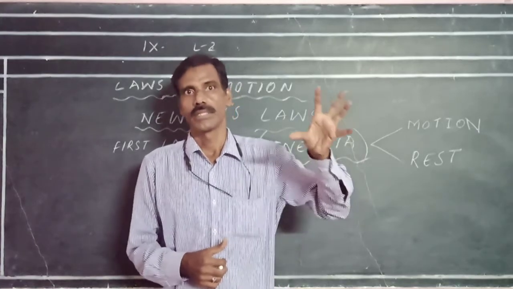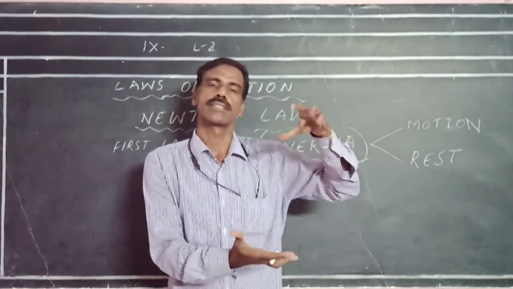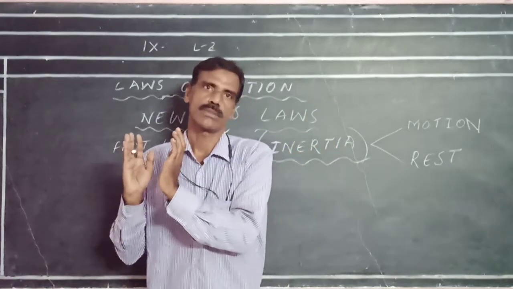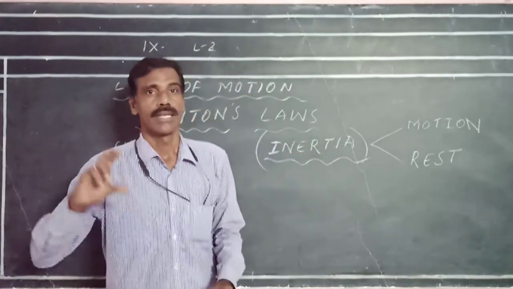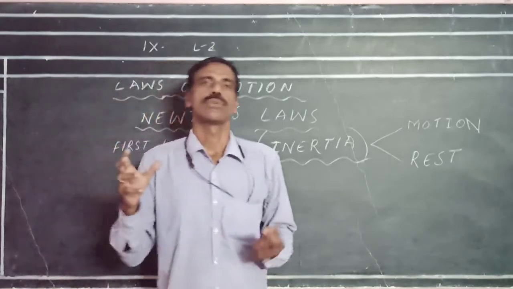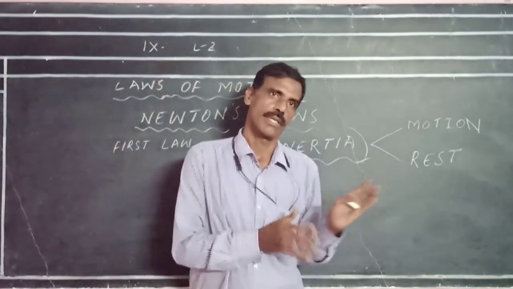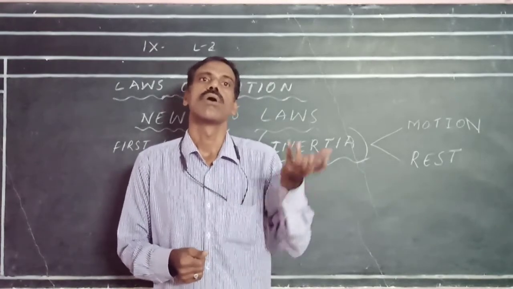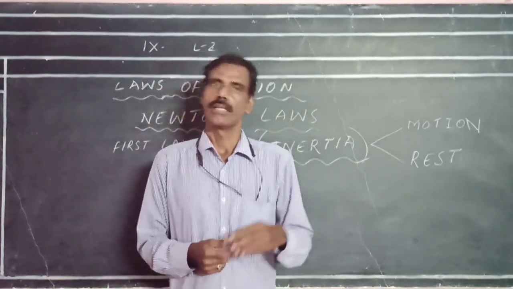That means the object with heavier mass has more inertia of rest when compared to the object with lesser mass. So inertia of rest or of uniform motion depends on the mass of the object.